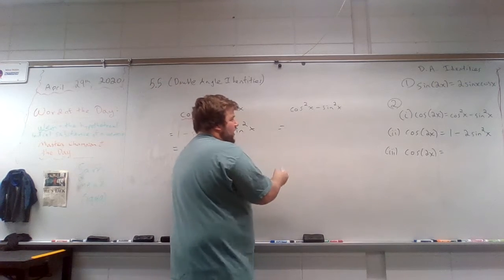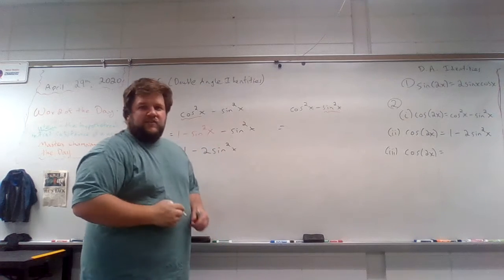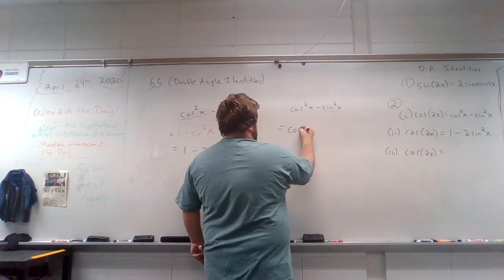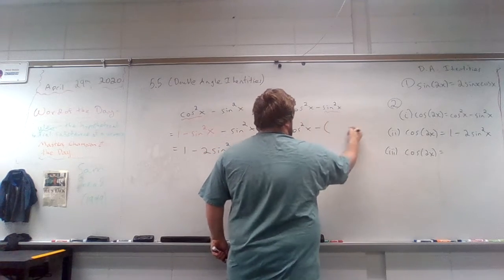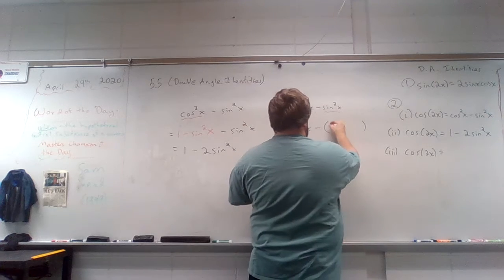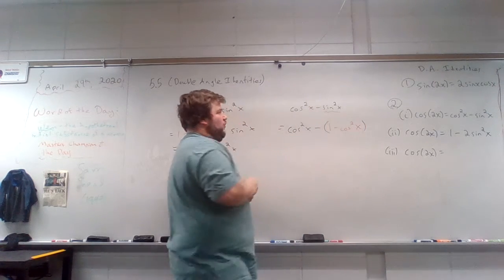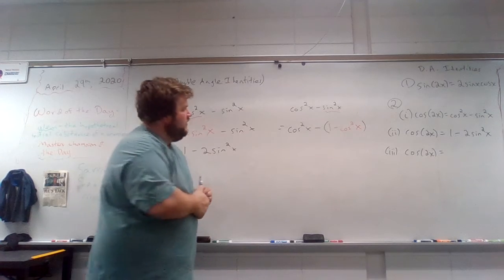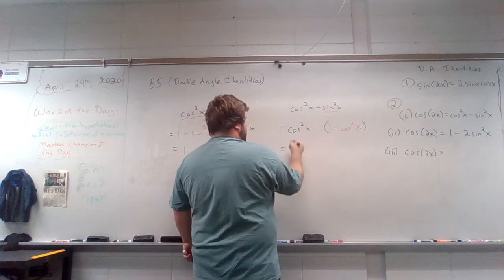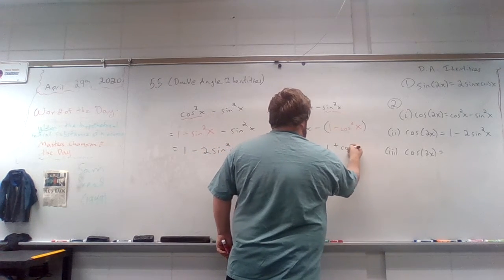The other one, I'm going to write everything in terms of cosine squared. So I want to replace sine squared with 1 minus cosine squared. So this is cosine squared minus, in parentheses, 1 minus cosine squared. So I'm replacing sine squared with 1 minus cosine squared. And then I simplify: cosine squared minus 1 plus cosine squared.